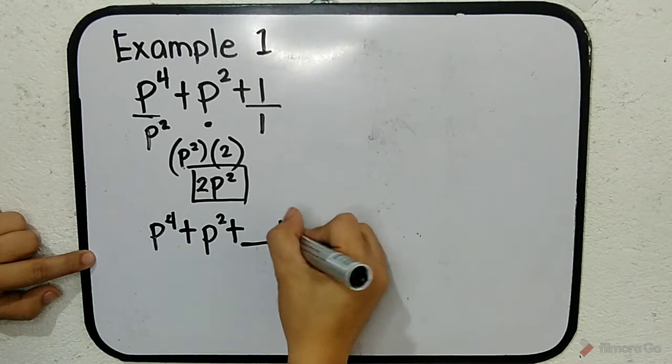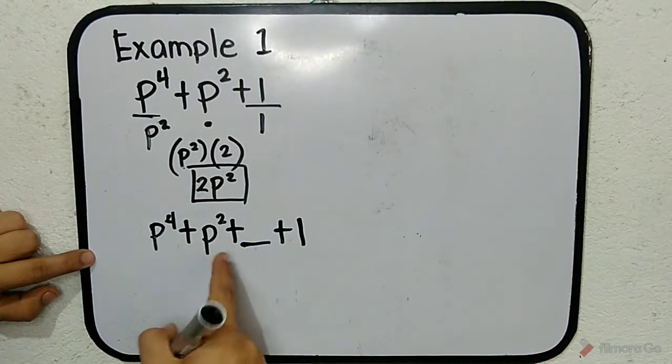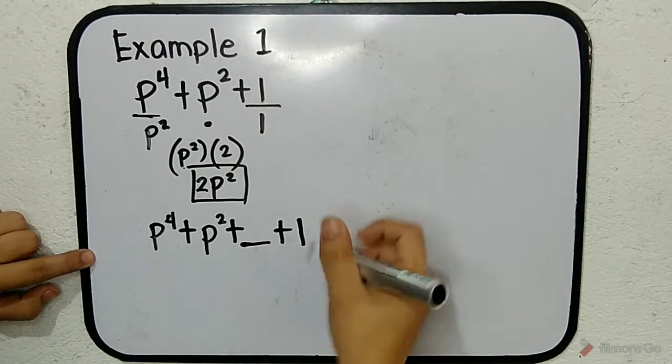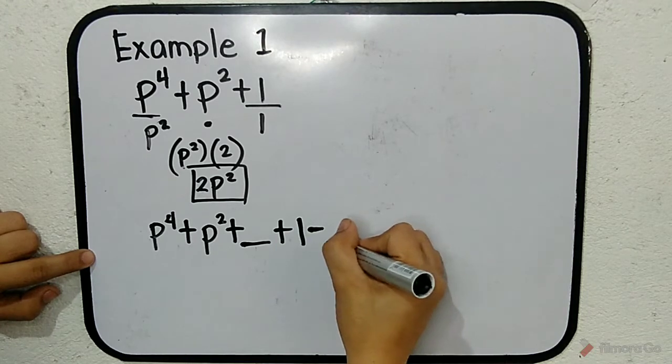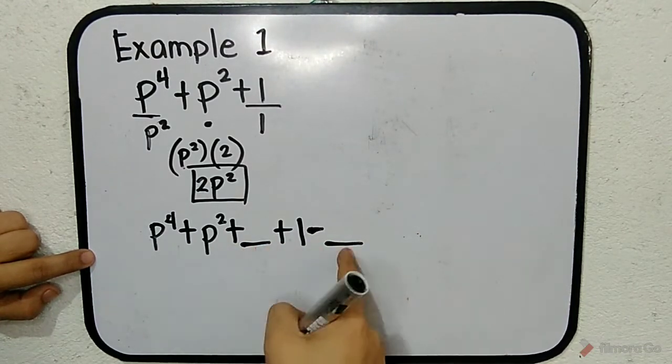Plus 1. Kopyahin natin yung 1. At class, take note, pag nagdagdag dito or pag nag-add tayo dito, magma-minus tayo sa sunod. Minus. Pero, same pa rin tayo ng gagamitin na number or terms.